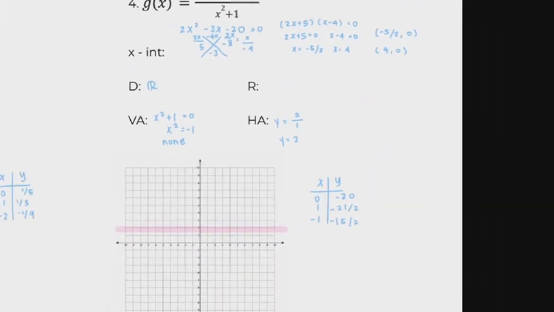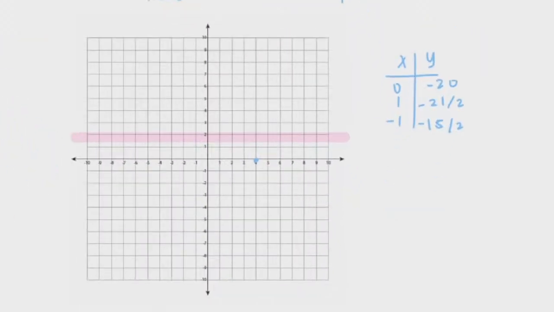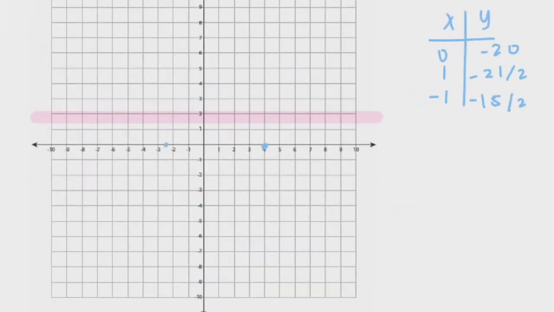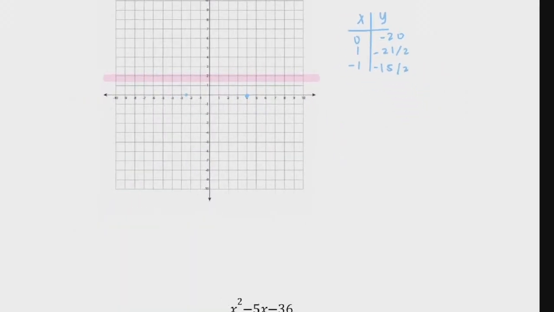So we have our x-intercepts, which are at 4, 0, and -5 over 2, 0. And then we also have these 3 points. So we have 0, -20, which would be down here somewhere. 1, -21 over 2, which would be somewhere here. And then -1, -15 over 2 would be somewhere here.